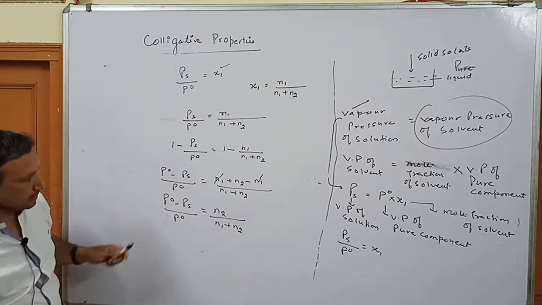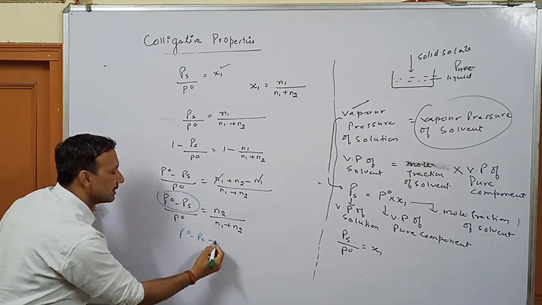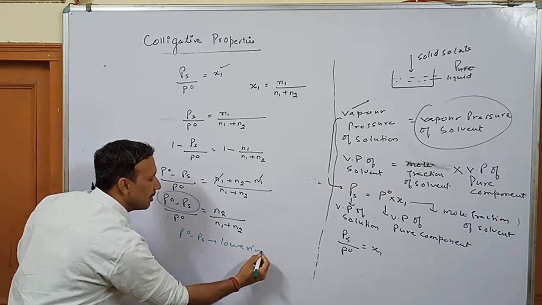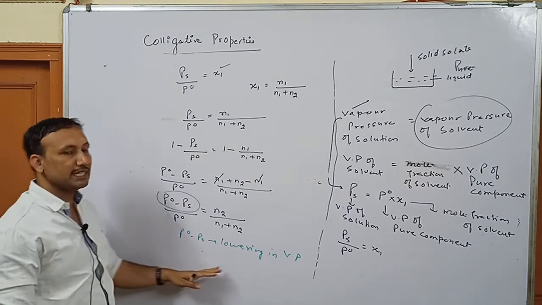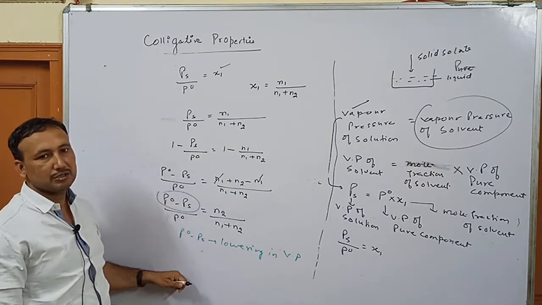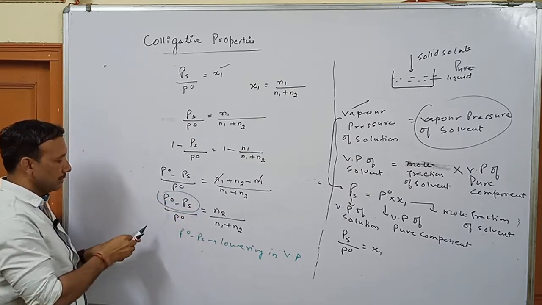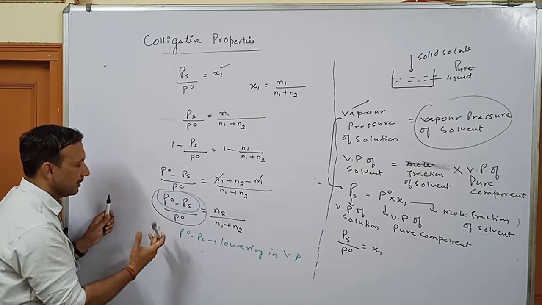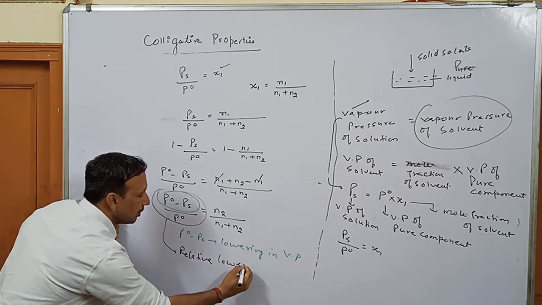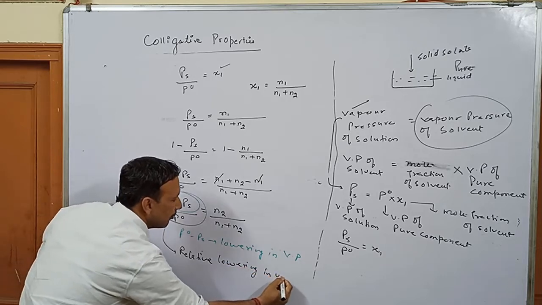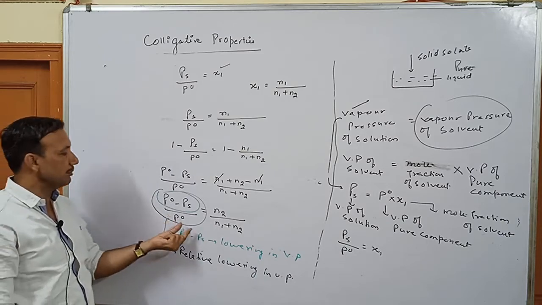P0 minus Ps is known as the lowering in vapor pressure of the solution by dissolving some non-volatile solid solute, and P0 minus Ps over P0 is known as the relative lowering in vapor pressure.